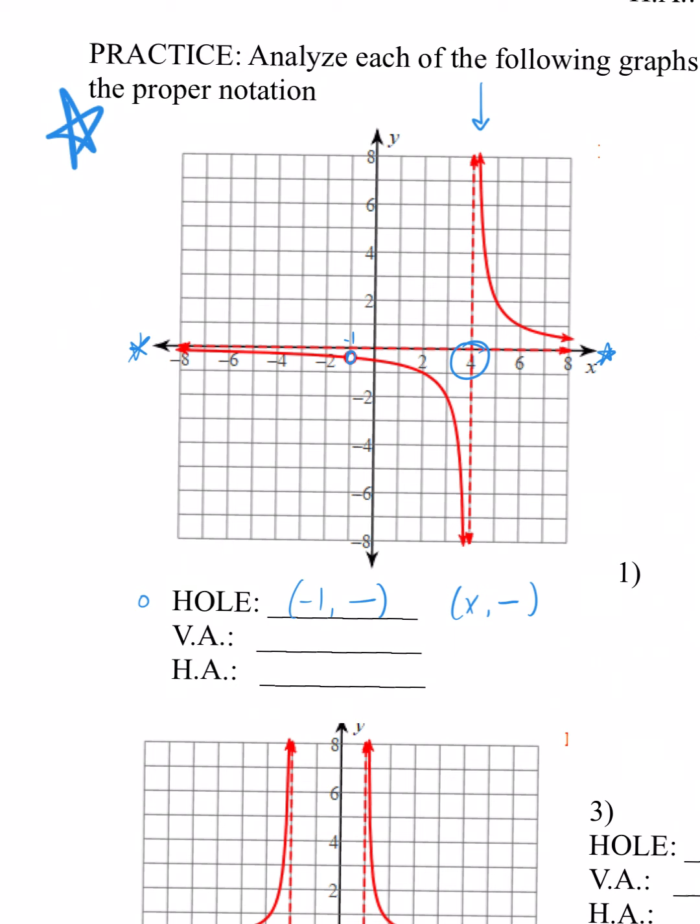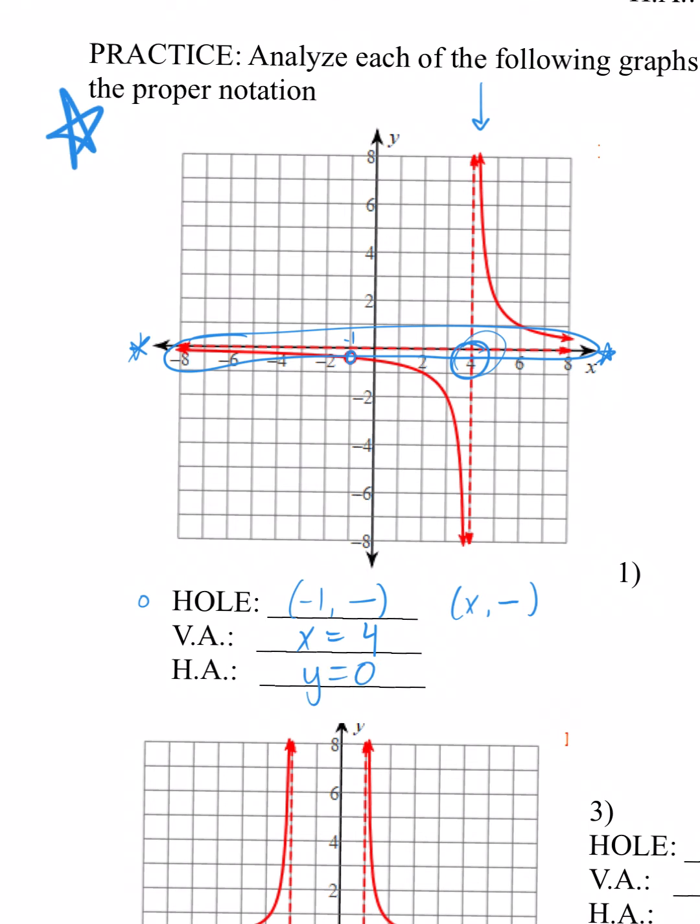Okay, so in this case, x would equal 4 because the line goes up and down on the 4. Okay, now my horizontal asymptote would be a dashed line that goes left to right. And here it's a little bit difficult because it's on the 0, right? So in this case, y would equal 0.